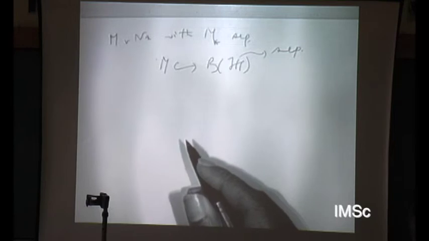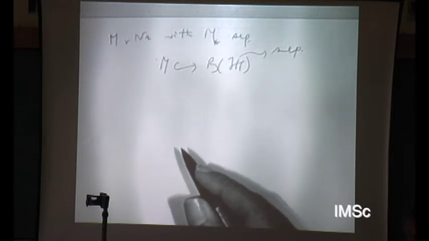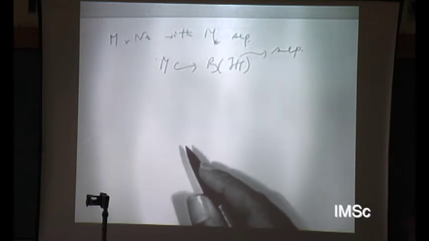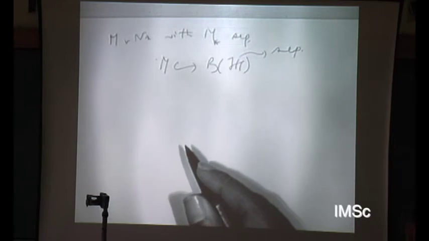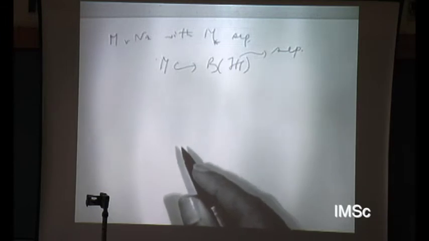M lower star into M upper star, you have an isometric inclusion by Hahn-Banach. But because they are finite dimensional, M upper star is also finite dimensional. So M, M lower star, M upper star, they are all of the same dimension. So they're all the same thing.